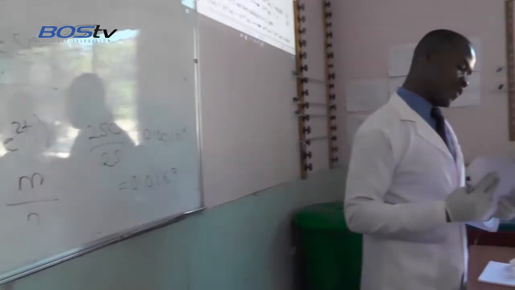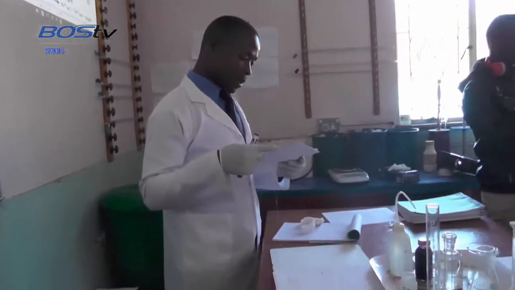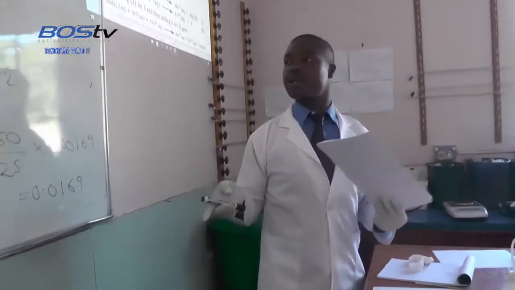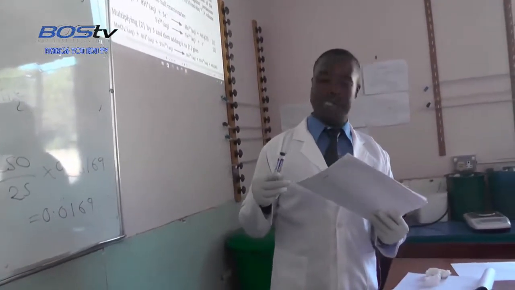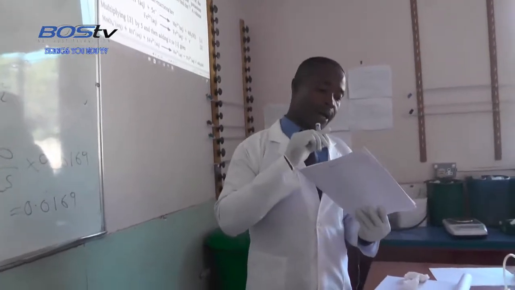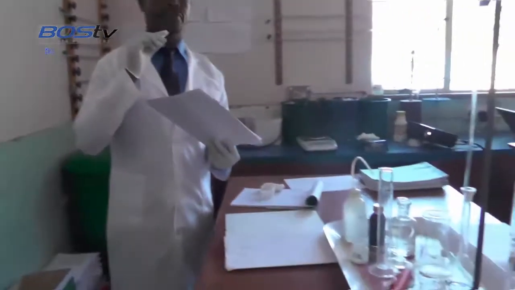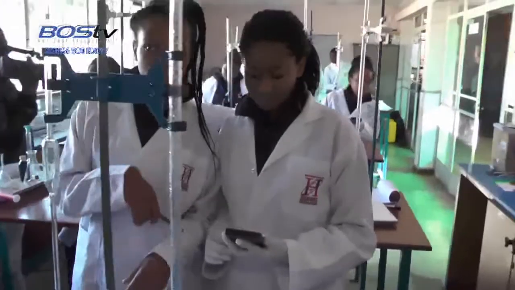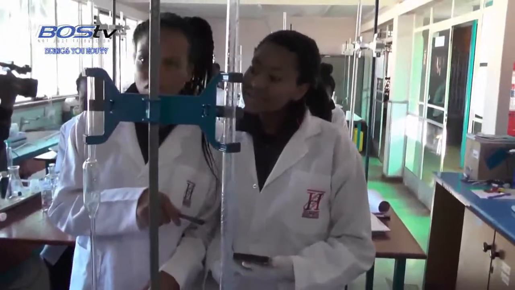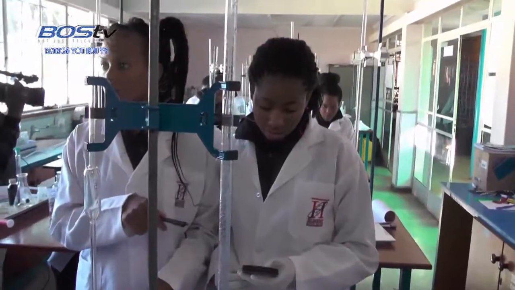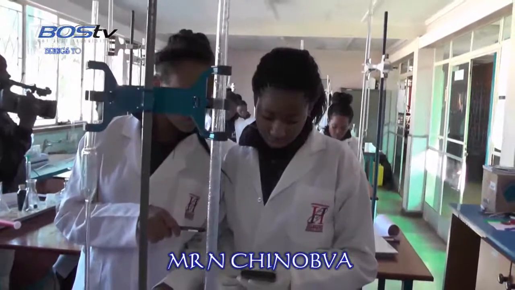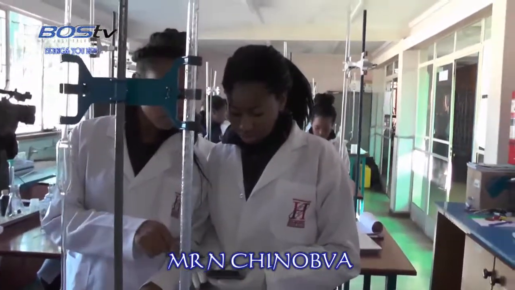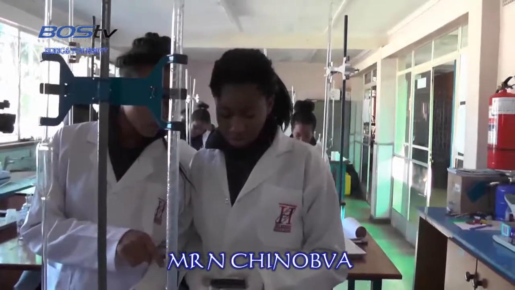Use 55.8 for iron, and then for sulfur use 32.1, for oxygen use 16, nitrogen use 14. Iron 55.8, nitrogen 14, sulfur 32.1, oxygen 16.